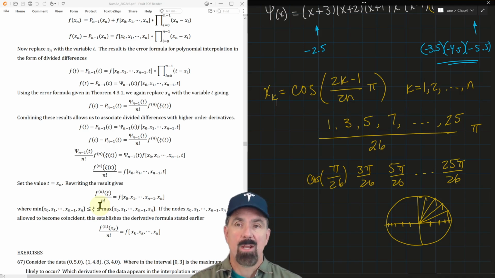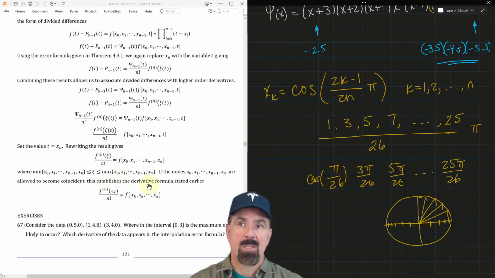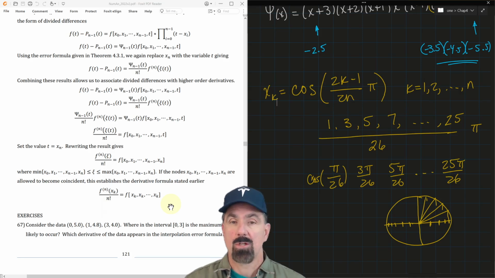This is just more information that reiterates this result down here that we talked about when we talked about divided differences. So that's it for polynomial interpolation.